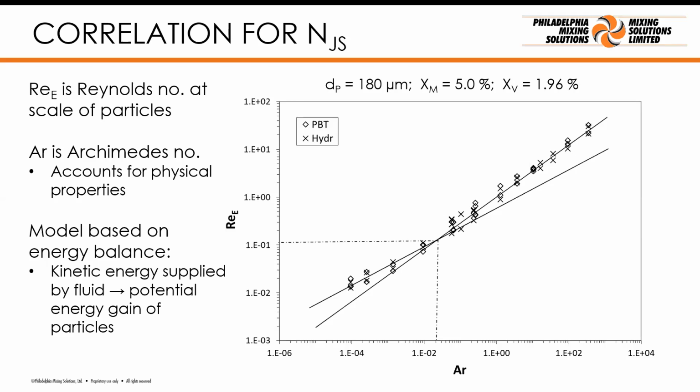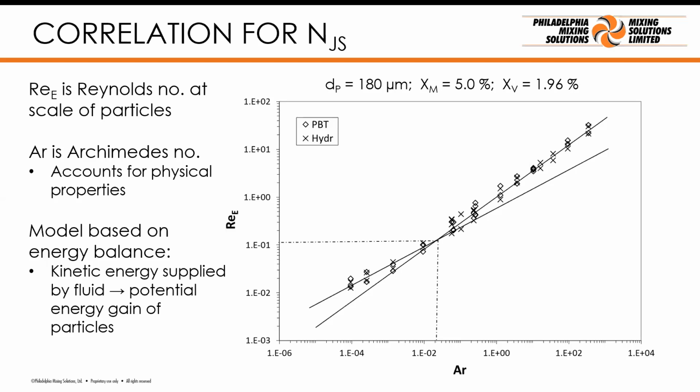Our approach is to say it's those turbulent eddies at that scale that are providing the energy to lift the particles up. And the Archimedes number is simply a dimensionless group that takes account of the density difference between the particle and the liquid, the liquid viscosity, and the particle size.